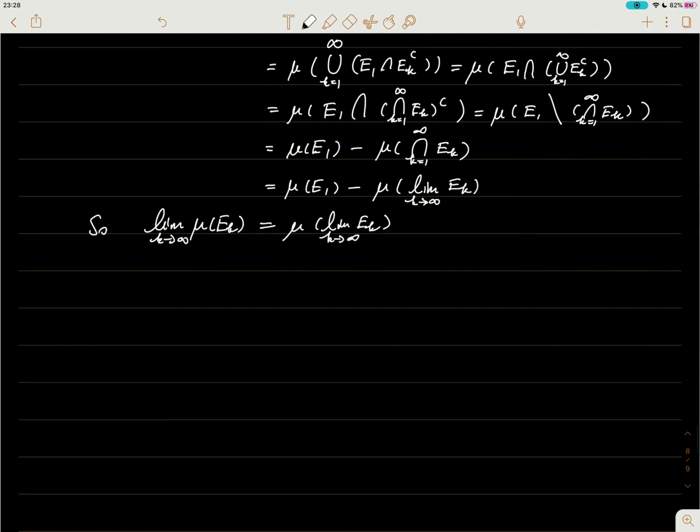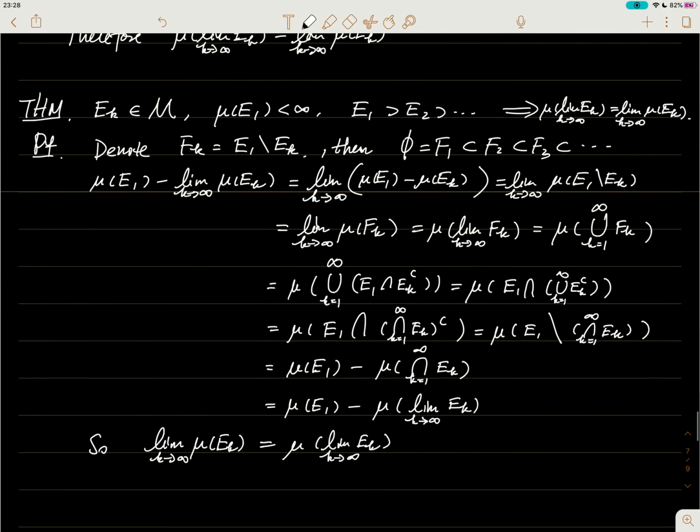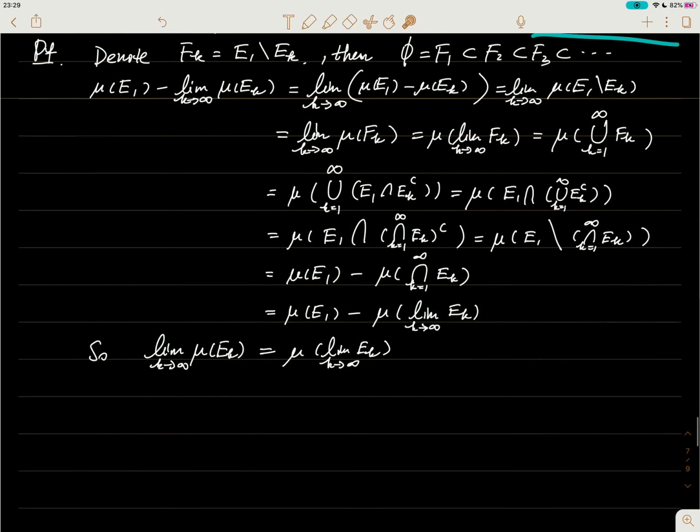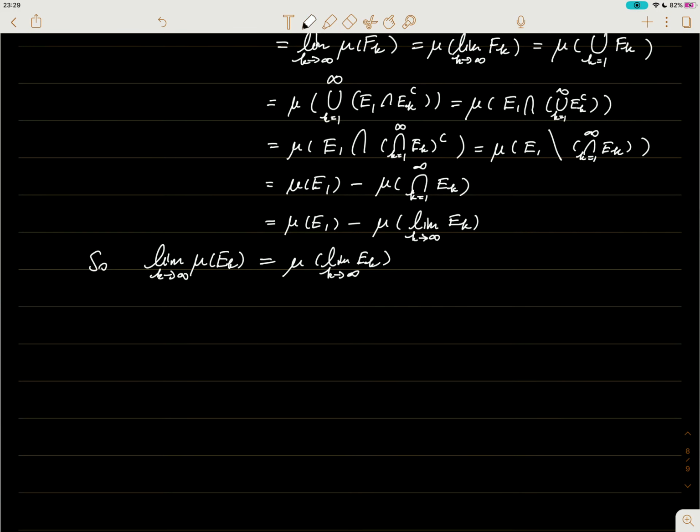And in practice, we can find a counterexample. If E1 is not finite, or any of those Eks are infinite, then we may not have this claim on the right hand side. We probably will not have this if all of those are infinite. So for example, say we have R, the set of real numbers, and we define Ek to be the open interval from k to positive infinity.